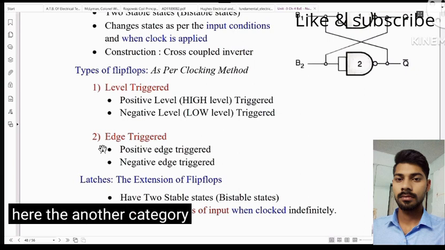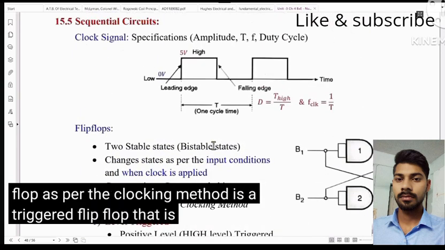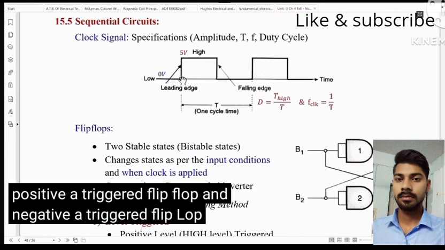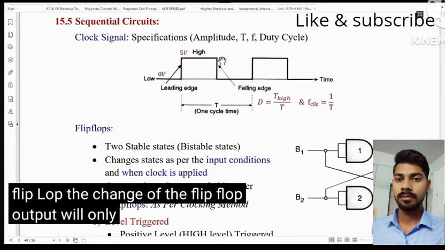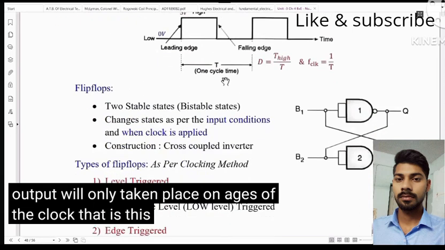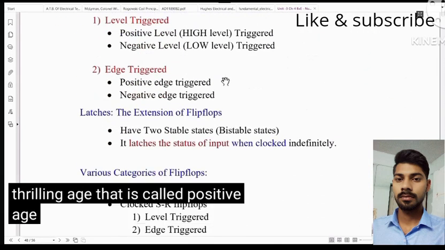Another category of the flip-flop as per the clocking method is edge-triggered flip-flop. That is called positive edge-triggered flip-flop and negative edge-triggered flip-flop. In this flip-flop, the change of the flip-flop output will only take place on edges of the clock, that is on leading edge or on trailing edge. That is called positive edge or negative edge.